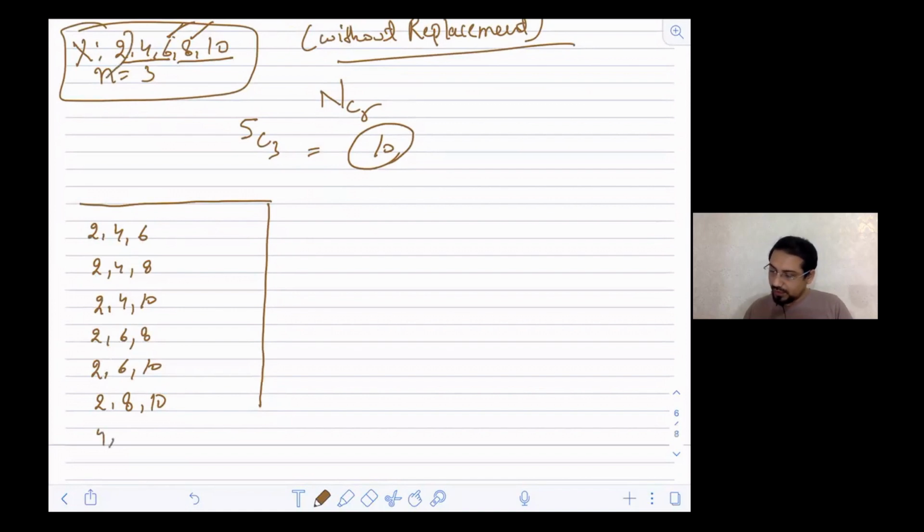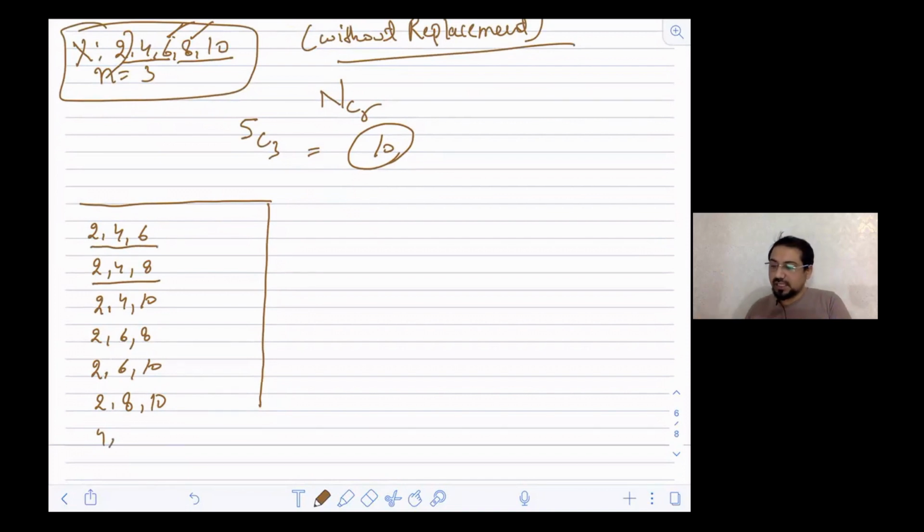Now you can see that none of the elements has repetition, unlike the with replacement case where 2 or 4 or 6 was repeated, and that's why that sample space is comparatively higher, right?